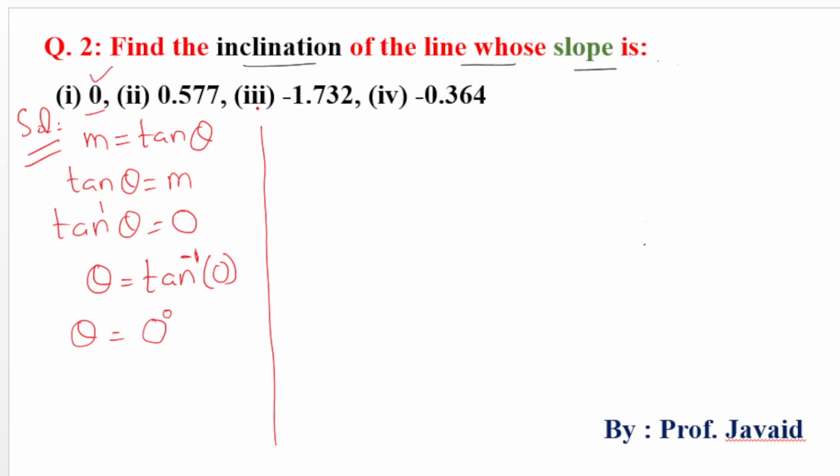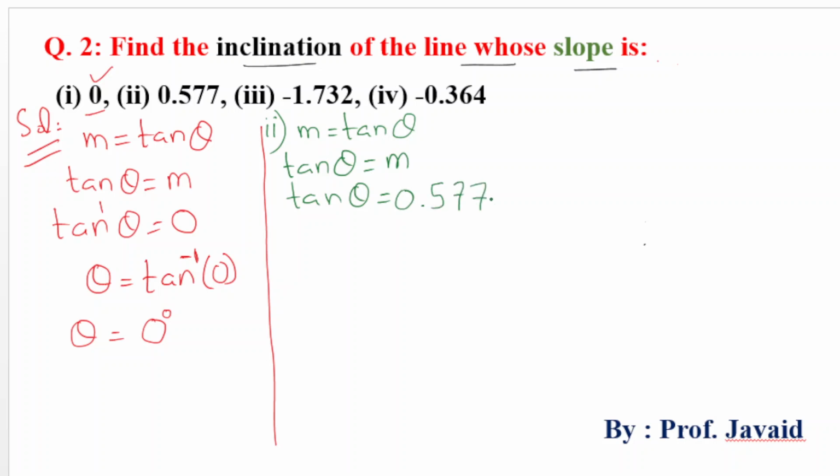Okay, so let's move toward the second part. Let me write the formula. m is equal to tan theta, or tan theta is equal to m. So what is given to us? m is 0.577.